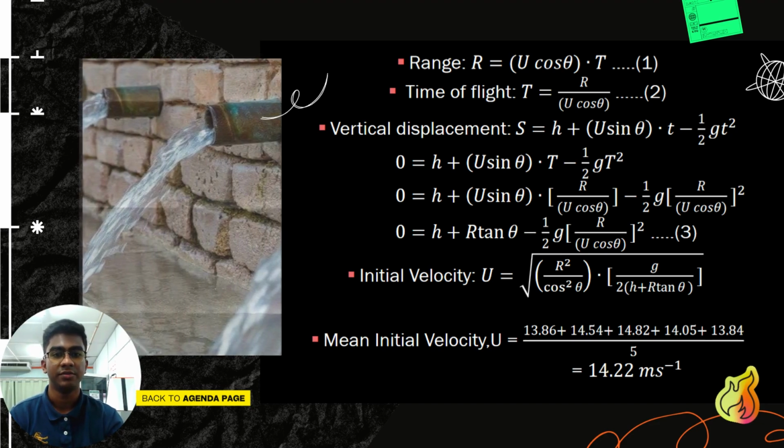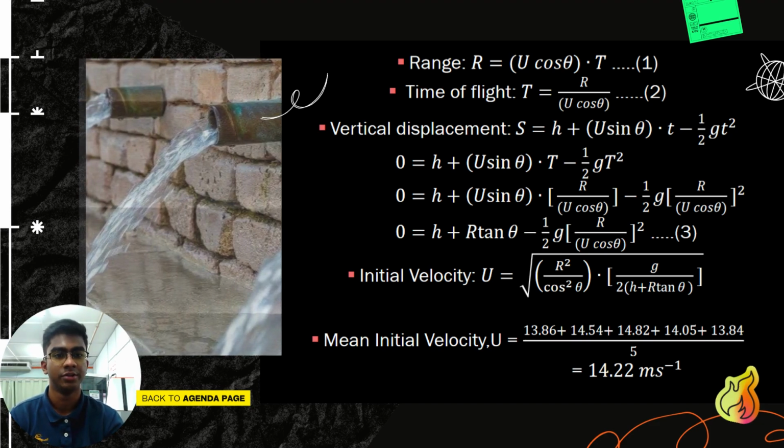From the first equation, range, which is also known as R equals U cos theta times time, when we rearrange the equation, we can get the time of flight, which is T equals R over U cos theta. And also using the vertical distance, which is S equals H plus U sin theta times time minus 1/2 of gravity times time squared.